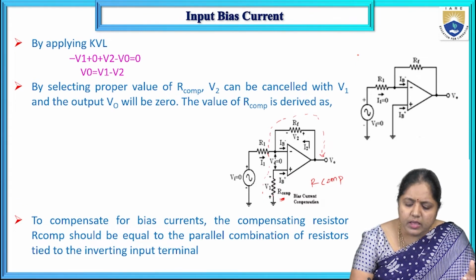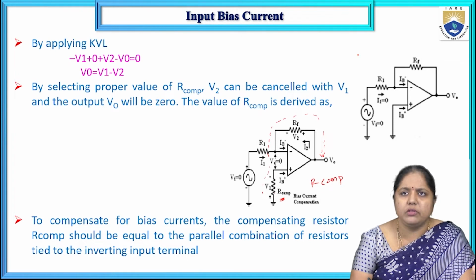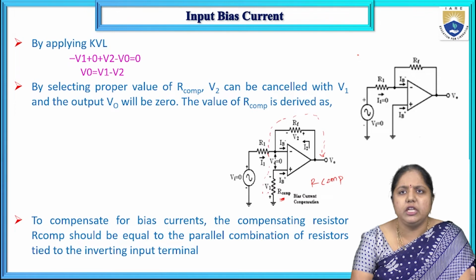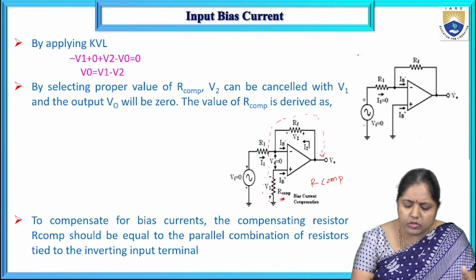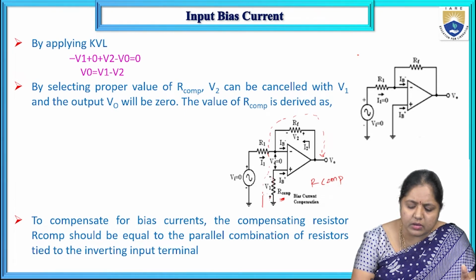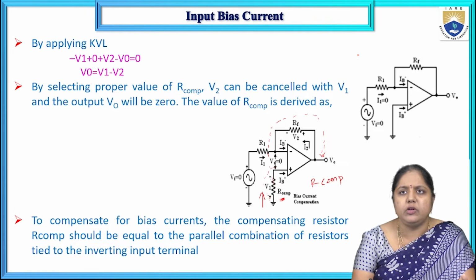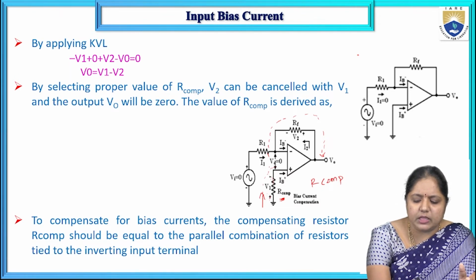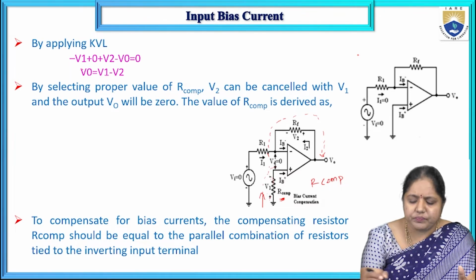Across the R compensation resistor, I have represented the drop as V1. The drop across this is minus V1, because I am taking the current entry path like this and the exit path like this. So the entry path I take as plus. From positive to negative there is a voltage drop, so it is represented as minus V1.